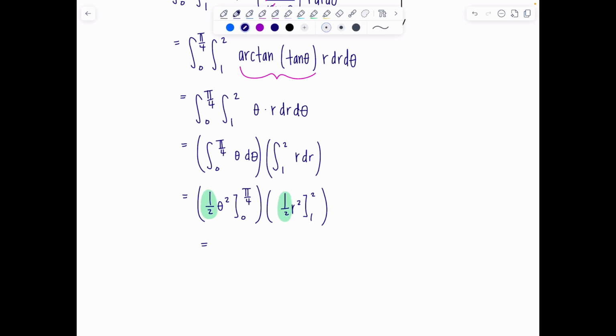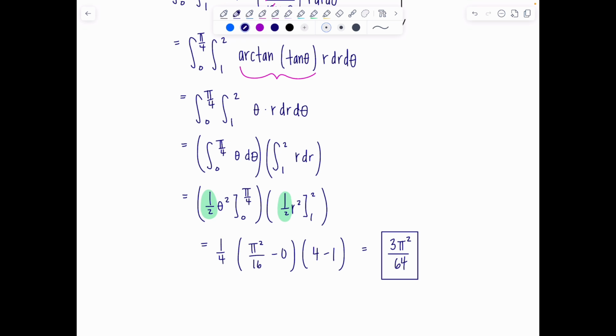So we've got a 1/4 times pi squared over 16 minus 0 times 4 minus 1. So that's going to be 3 pi squared over 64. All right. These are never like the craziest integrals. Maybe once in a while you'll have to do some fancy maneuver, but for the most part, they're fairly tame.